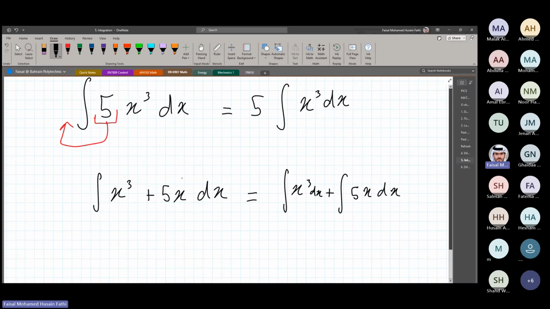You can split them and integrate each part by itself. You do not have to confuse yourselves. Of course, you can do it in one step as well. You don't have to split it, but you can if you want. If you have something a bit more complicated, which we might see later on, you can split it.